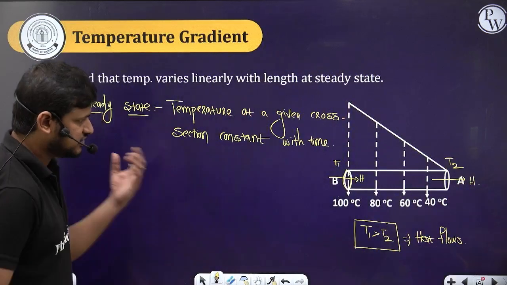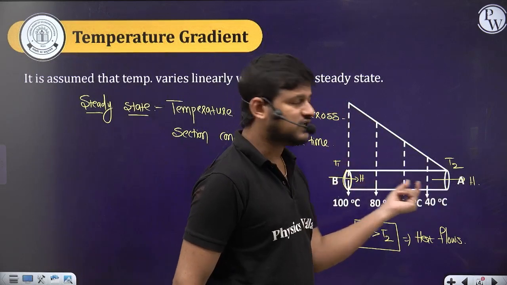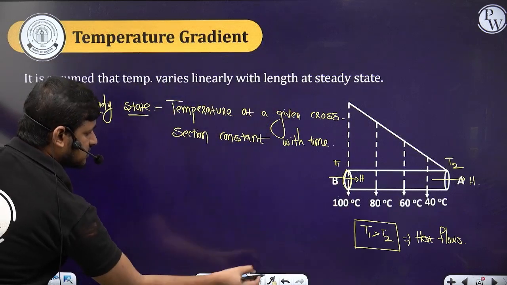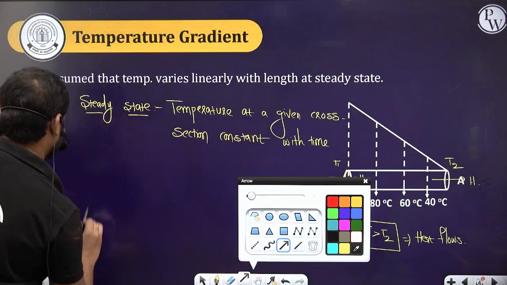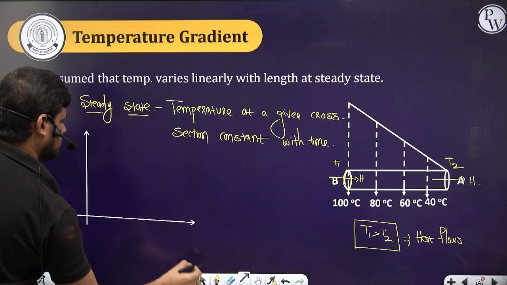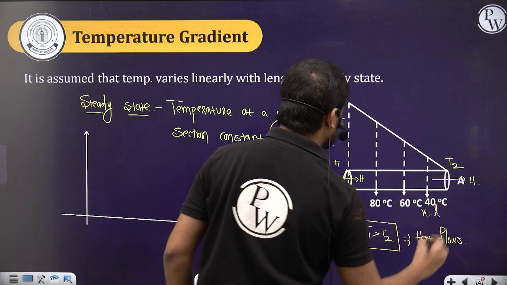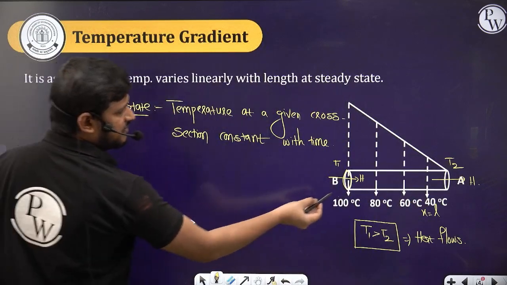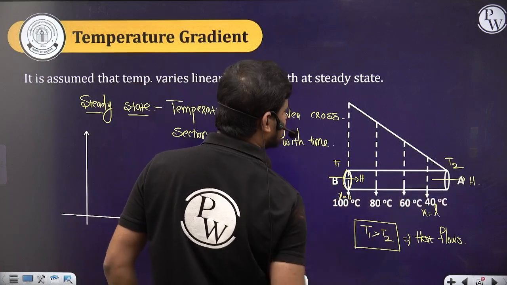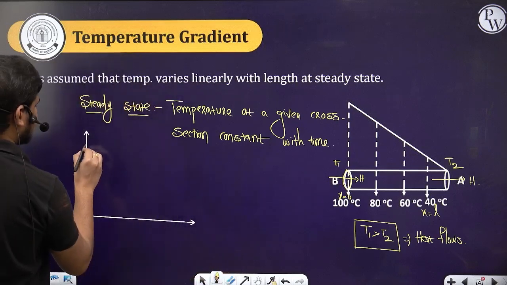Done? Yes. So now the thing is how the temperature is varying if I draw the temperature versus length curve. So let's say the length x is equal to some length L. Let's say this is the x equals 0 point and this is x equals L. So at x equals 0, the temperature is, let's say, 100 like this.